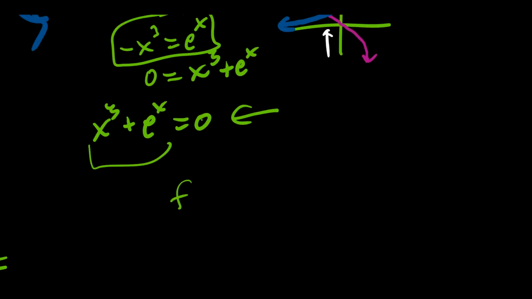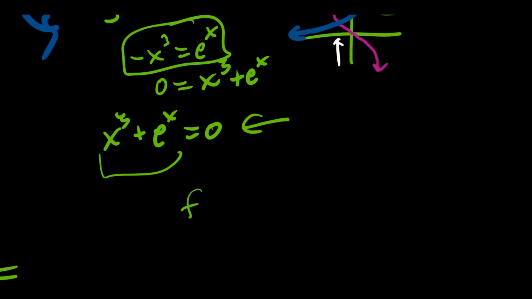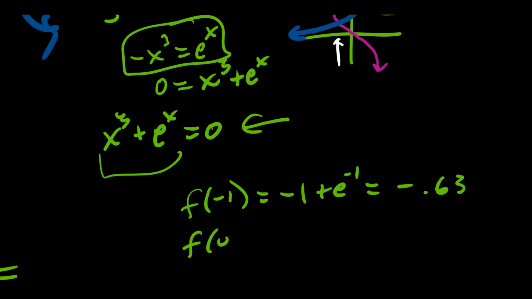So f of negative 1 is negative 1 plus e to the negative 1, which is, on the calculator, negative 0.63. And now, how about f of 0? F of 0 is 0 cubed plus e to the 0, which is 1. So look, it changes sign.